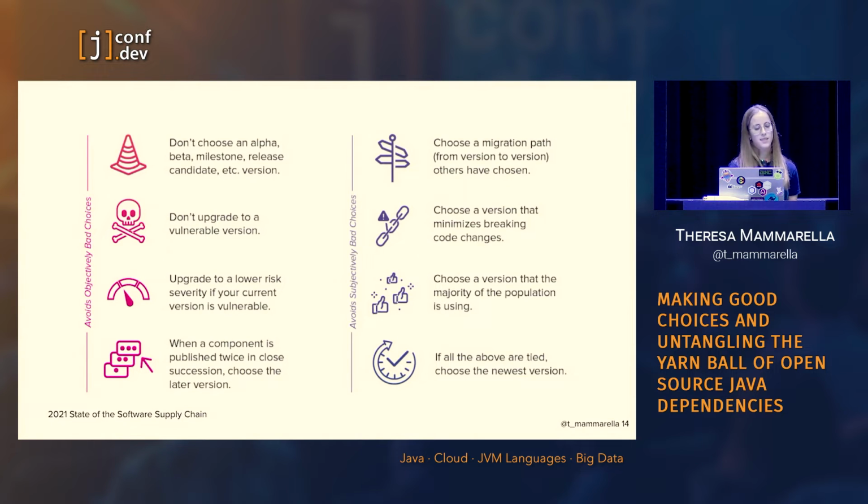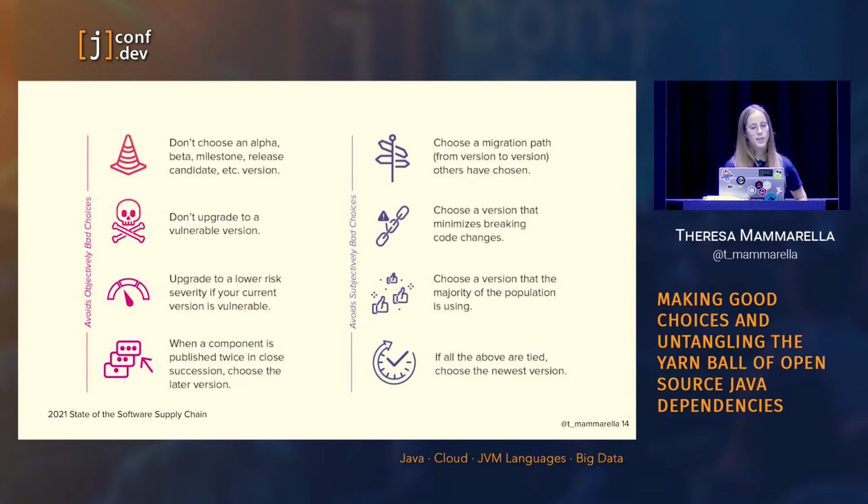And finally, the last objectively bad choice is, I should say the other way around, what you should do when a component is published twice in close succession, upgrade to the most recent one. There's probably a reason that it was published like that. But there's some subjectively bad choices too when it comes to dependency management.